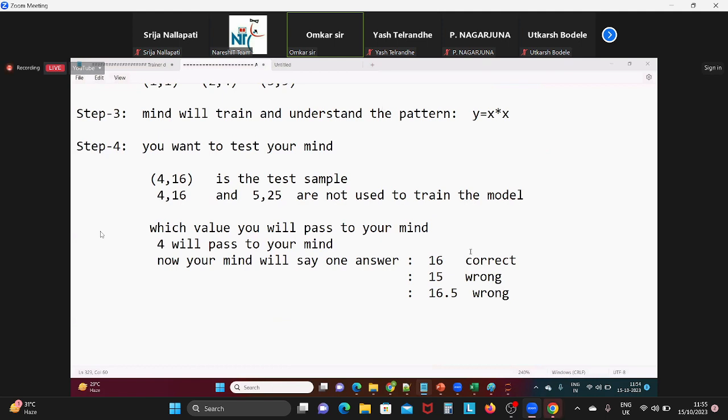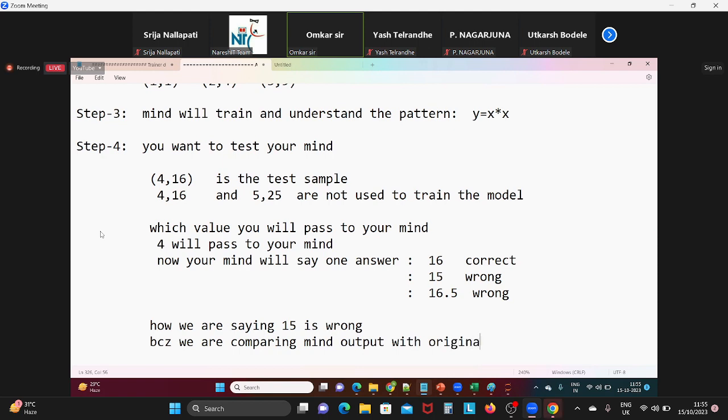How are you saying this is correct and this is wrong? Tell me. How are we saying 15 is wrong? Because we are comparing our mind output with the original test output.